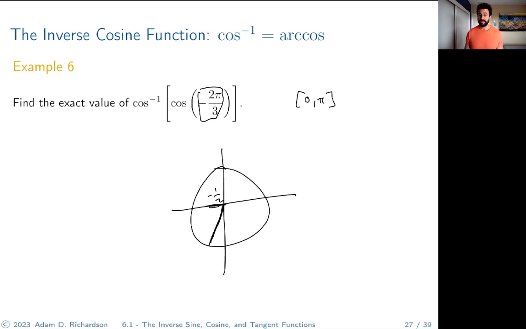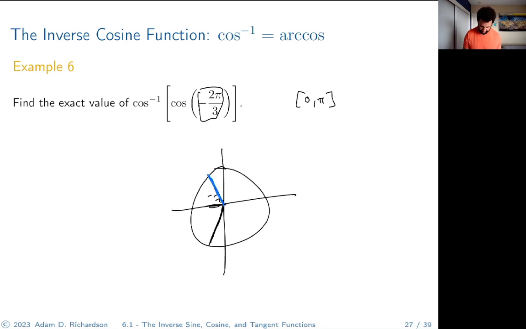We can't apply it. So we have to think about the unit circle and the restricted domain, and then think about what angle in our restricted domain is going to have a cosine of negative 1/2. If you look at the picture, it's going to be right here.